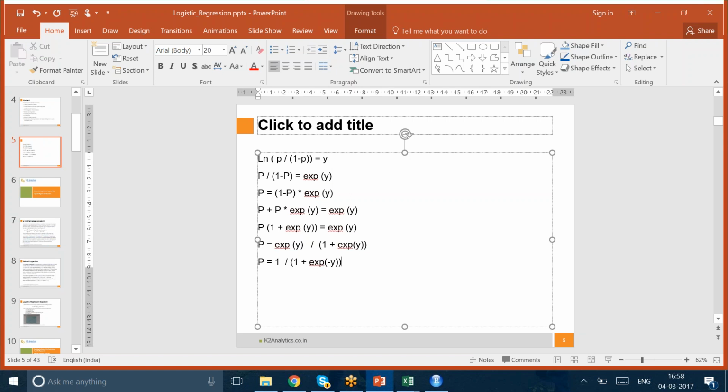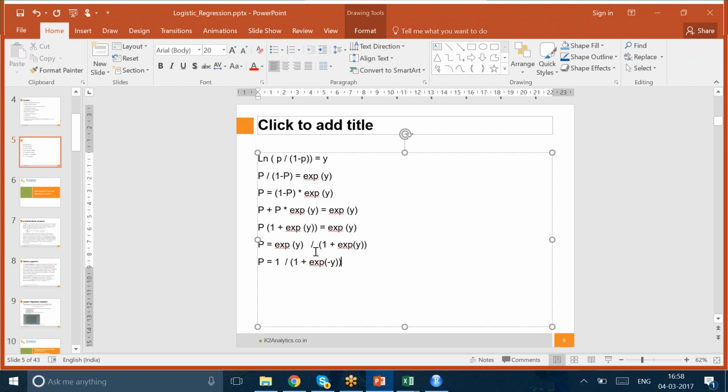Can I say that? What I'm doing is I'm dividing this by exponential y, this by exponential y, this by exponential y. This exponential y divided by exponential y will become 1. This numerator exponential y divided by exponential y is 1, which is in the numerator 1.